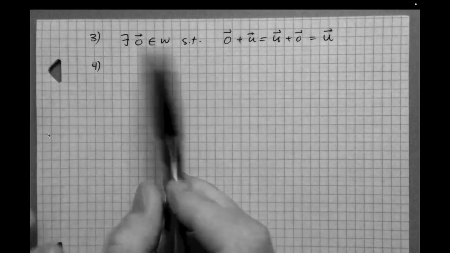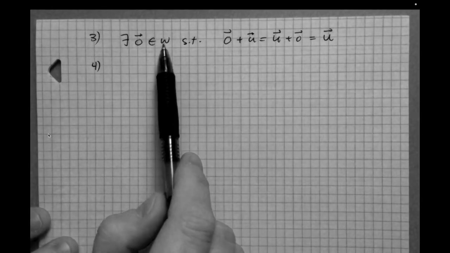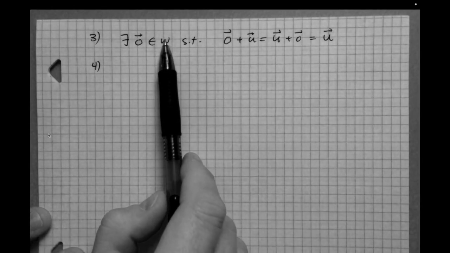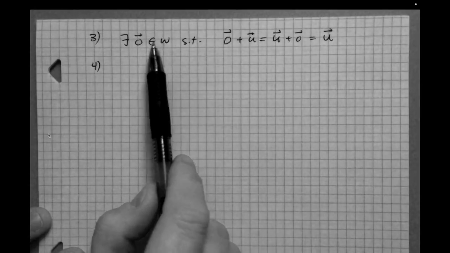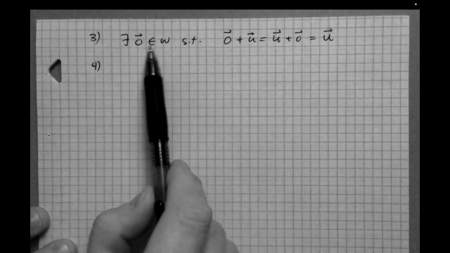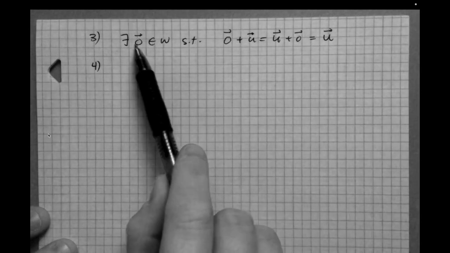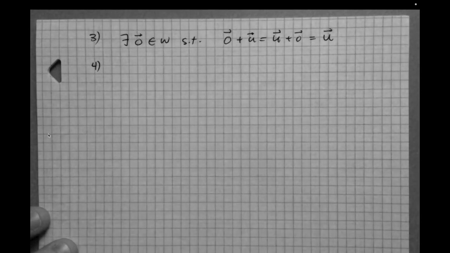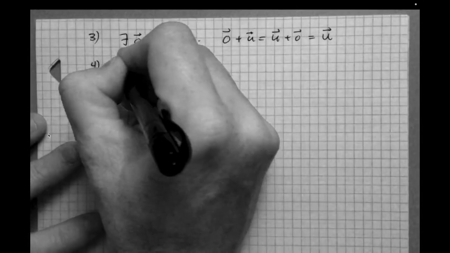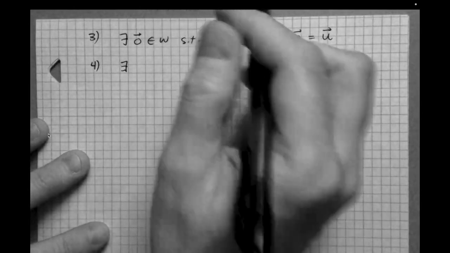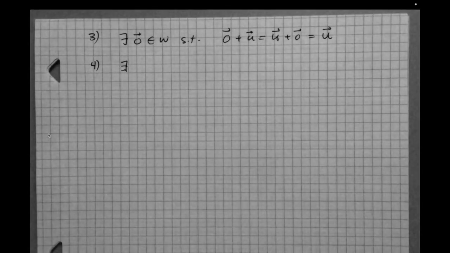What we need to show is that if W is closed under vector addition and scalar multiplication, then this element must be in W. We'll have to prove that in a sec. We'll come back to this in a second. The other one that we don't get for free that we have to do a little work on is the additive inverse.